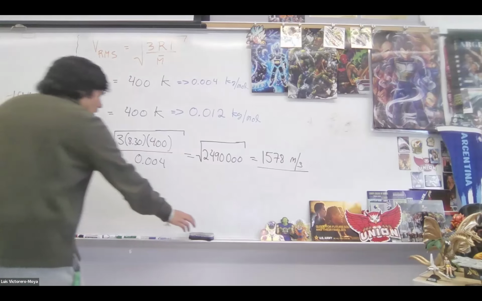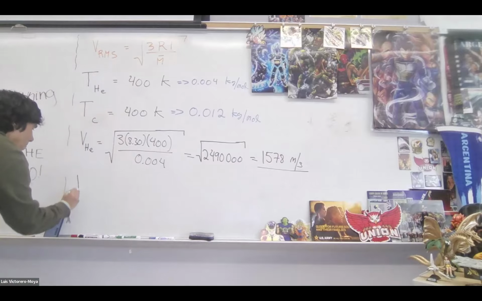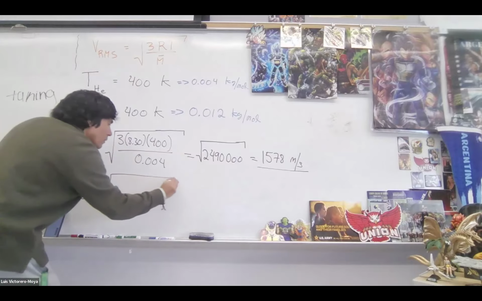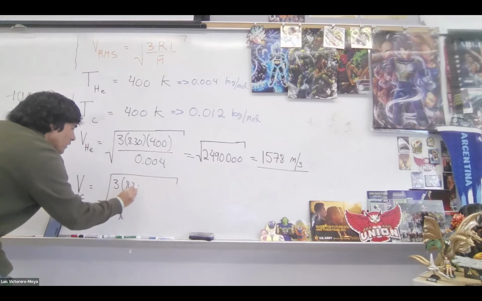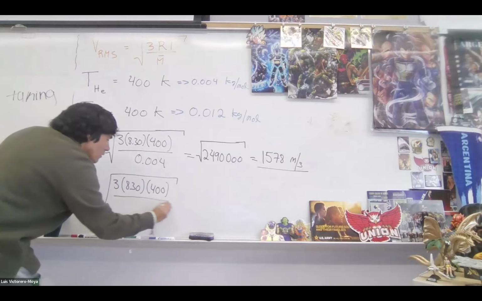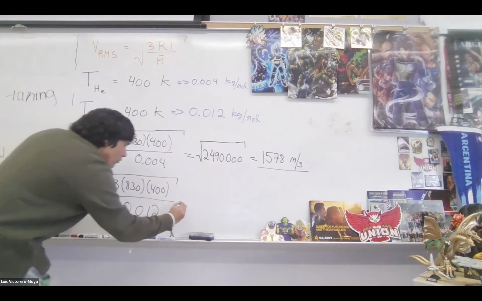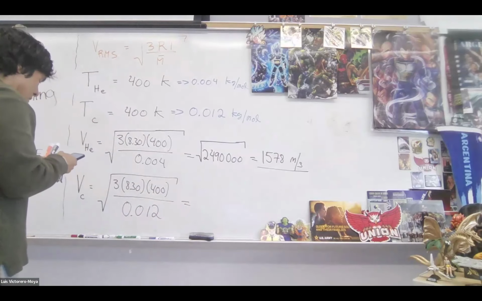Now, what about for carbon? Square root of 3 times 8.3 times 400 kelvins over 0.012. That's going to be less for sure because of the mass there.